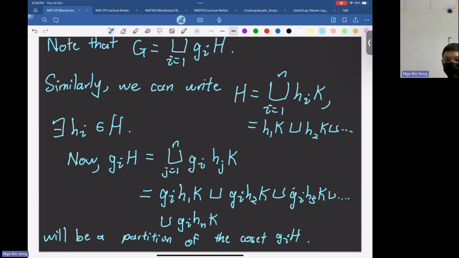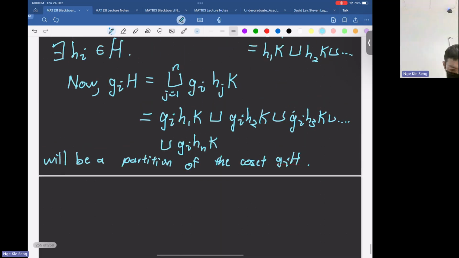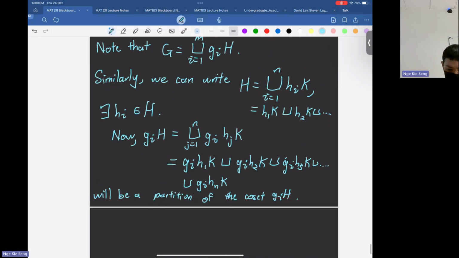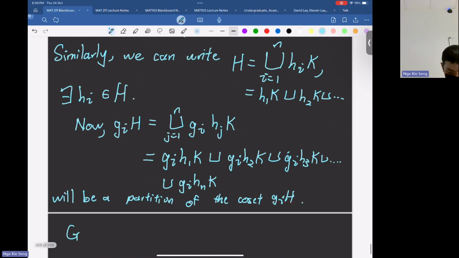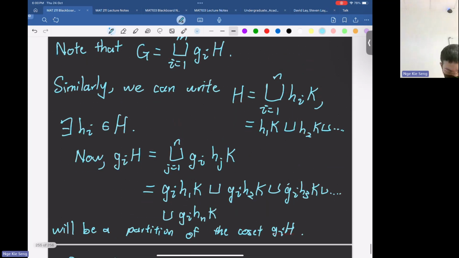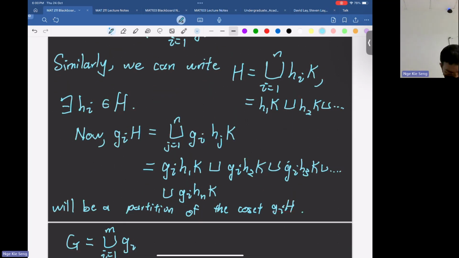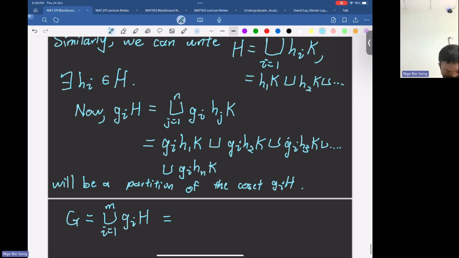In this case, we can write all of them together. So what is G? G is the disjoint union over i from 1 to m of GiH, but we can further decompose H using the disjoint union of HjK.